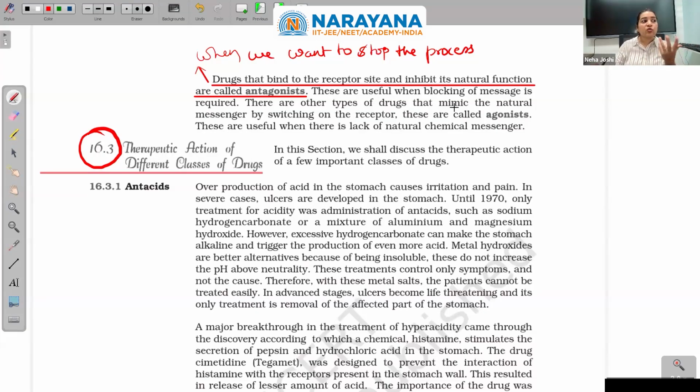So here we introduce certain chemicals which will mimic and act as the natural messengers by switching on the receptor sites. They will act as those actual messengers. Drugs that mimic the natural messenger by switching on the receptor are called agonists. So there are two types. In drugs we have read two names here.